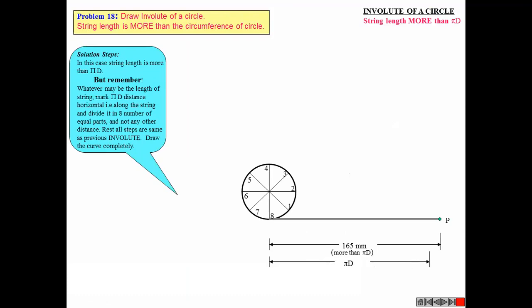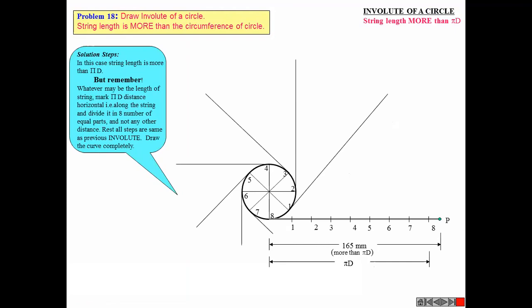Then what if the string is more than the perimeter? No problem. We divide the base as it is, but while marking we take actual lengths, from the first marking to the end of the thread, that is 1P here, 2P, 3P.